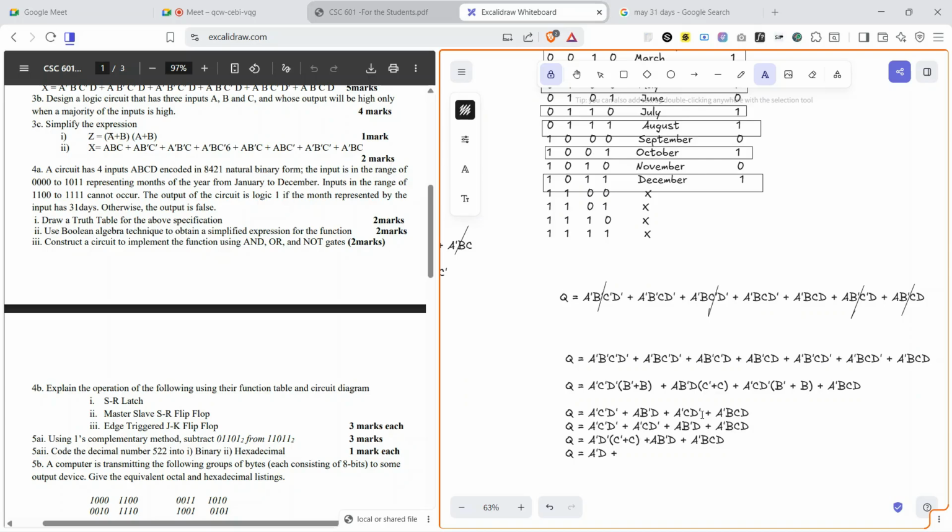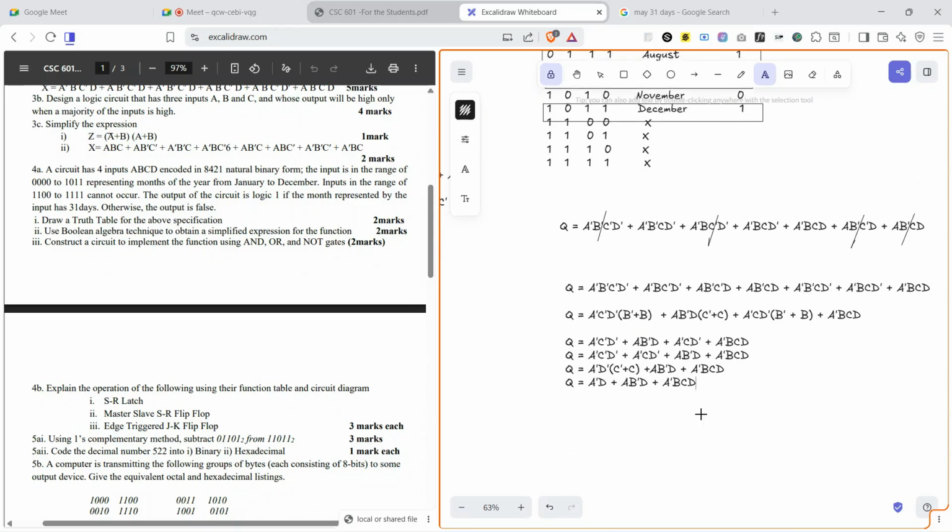There should be one more thing to simplify. Okay, there's nothing else. I think this is the last simplification. So A bar D bar plus A B D plus A bar B C D. So this is our final answer.